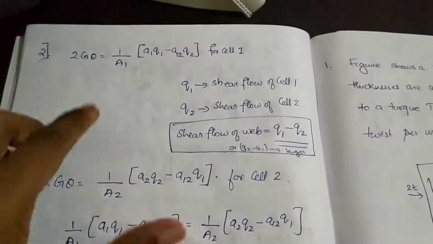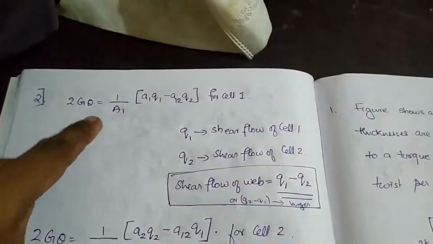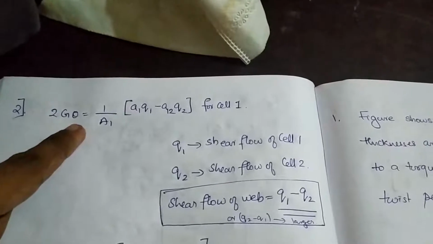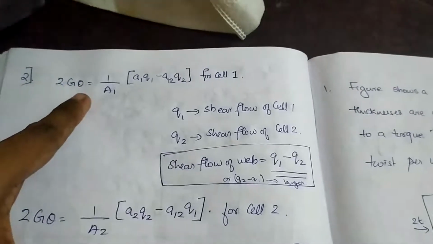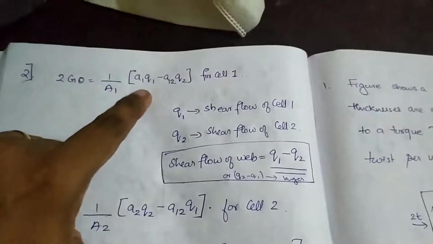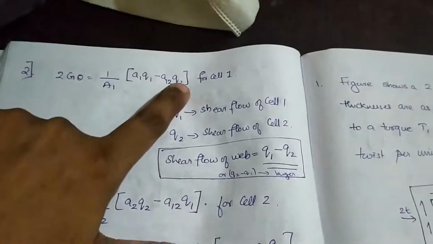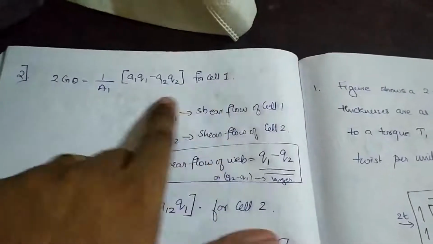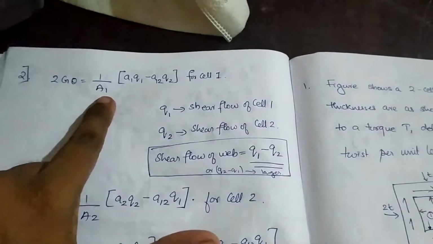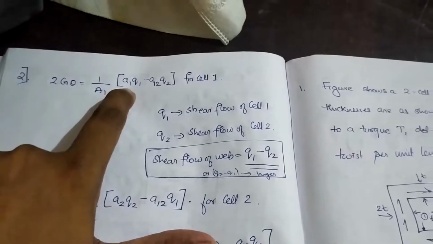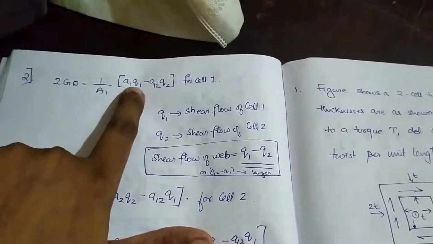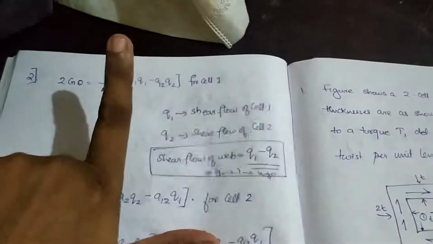Now the second point is you need to mug up these two equations. That is 2G theta is equal to 1 by A1 of delta 1 q1 minus delta 12 q2 for cell 1. A1 is the area of cell 1. Delta 1 is the surface integral of ds by t for cell 1. Q1, you know, is the shear flow for cell 1.